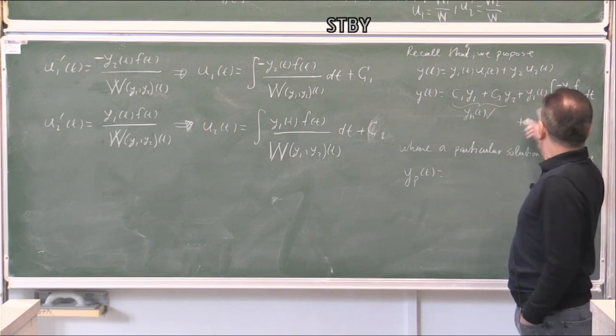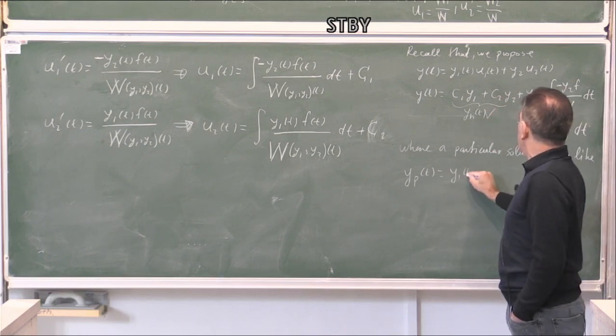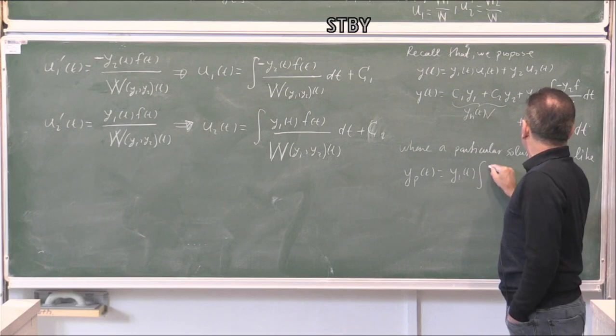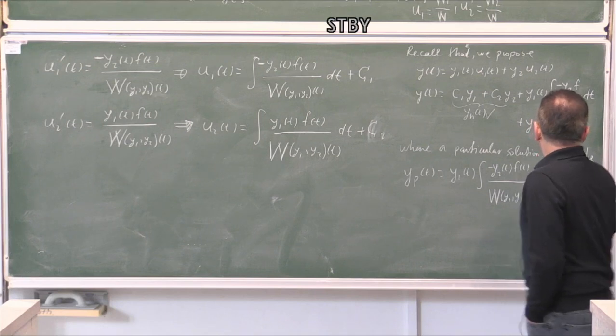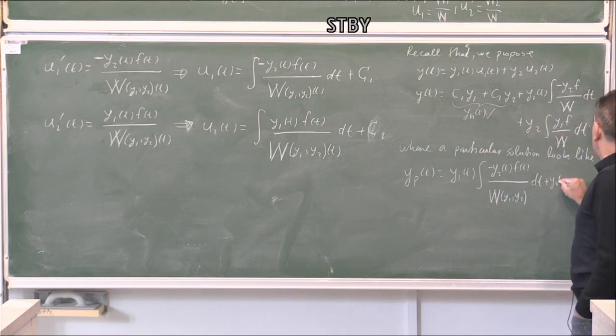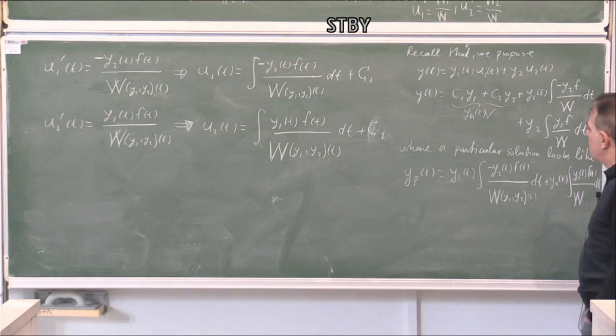Okay? y1 of t, and this integral, minus y2 of t f of t over the Wronskian determinant of y1, y2 dt, plus y2 of t and this integral, y1 f over the Wronskian determinant dt. Okay?